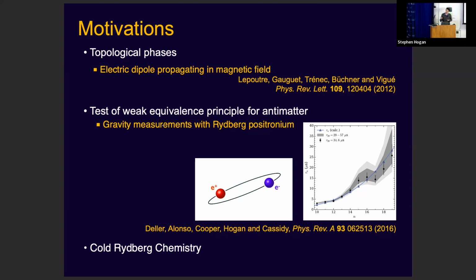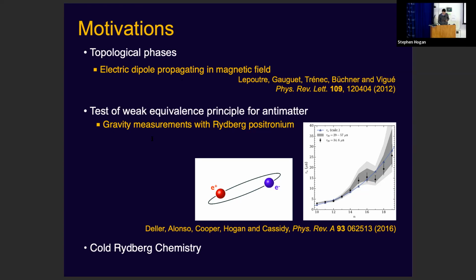There's an analog of this for an electric dipole moving around a magnetic field line, called the He-McKellar-Wilkens phase. Previous measurements with ground state atoms have seen phase shifts of a few tens of milliradians. But we've actually done some experiments in this area already, and we can see phase shifts of many pi radians. So we can really take advantage of the big dipole moments of the Rydberg states to test these geometric phase effects.